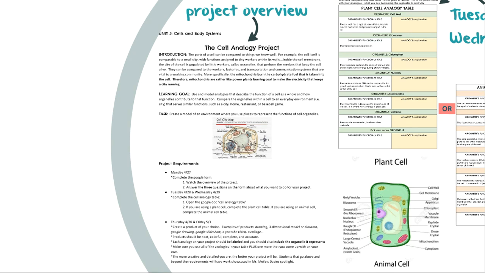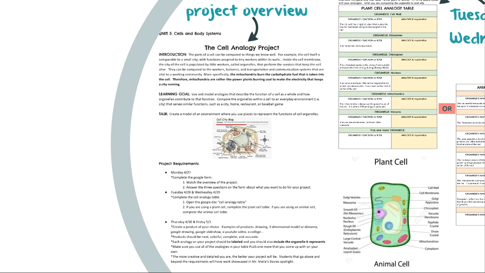You will compare the organelles within a cell to an everyday environment, like a city, that serve similar functions, such as a city, a home, a restaurant, a baseball game, a school. Students have done TV shows before, movies. The possibilities are endless. So you'll be creating a model of an environment where you use places to represent the functions of cell organelles.